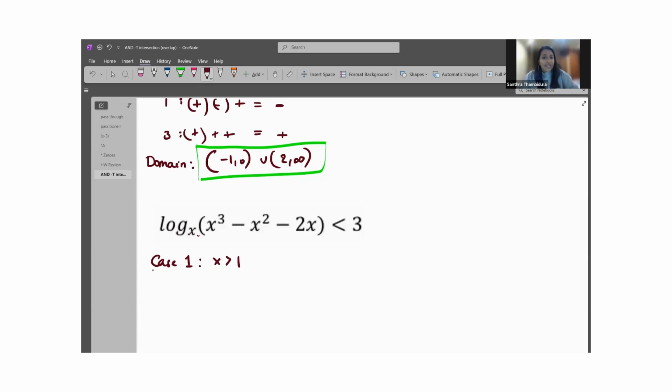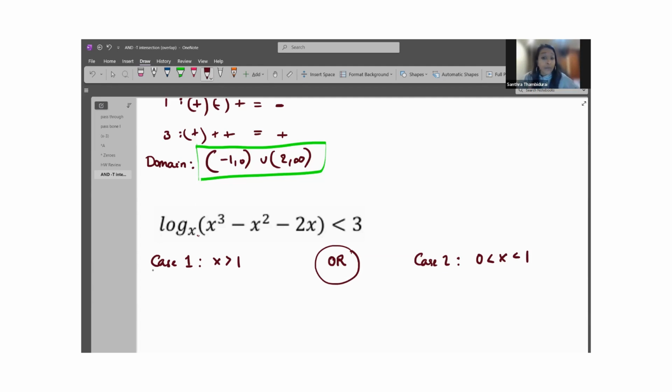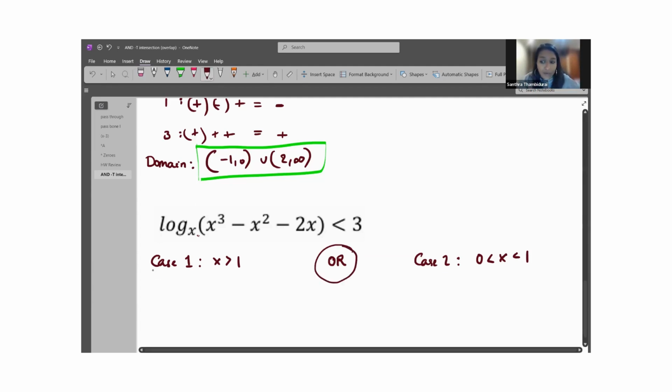And between cases, you're always combining with an or. Case 2 is between 0 and 1. Both cases need to be satisfied, and when you get the final solutions, you're connecting them with an or inequality. Because in case 1 you have an answer, and in case 2 you have an answer, I need to combine both answers together. So I'm combining it with an or. You've got to remember that.